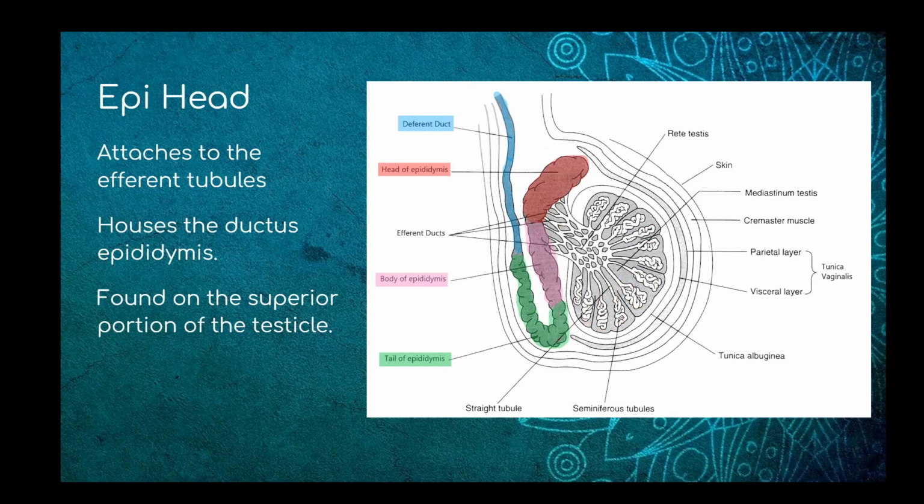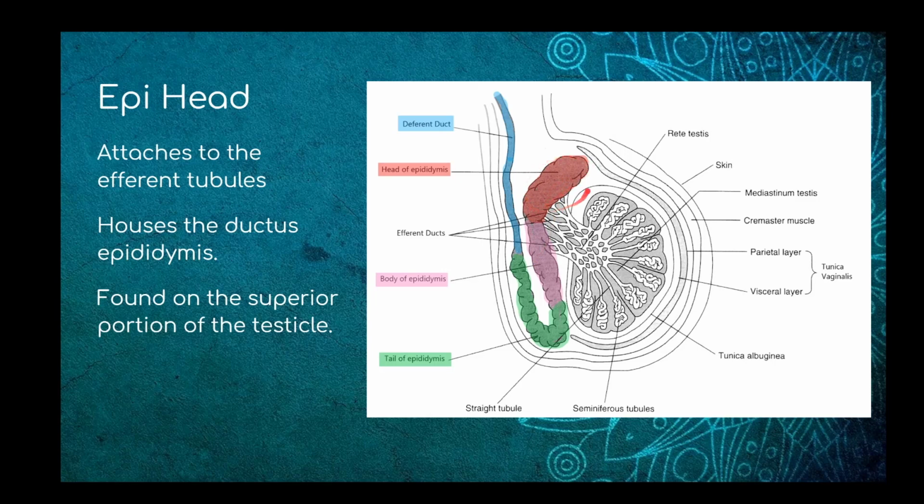Speaking of the epididymis, it does have three distinct portions. We consider the head of the epididymis to be the part that connects to the efferent tubules. It's the beginning of the ductus epididymis. All those efferent tubules come into the epididymal head, and then they converge into one tube called the ductus epididymis. The sperm hang out in the epididymis to mature, and once they're mature, they exit.